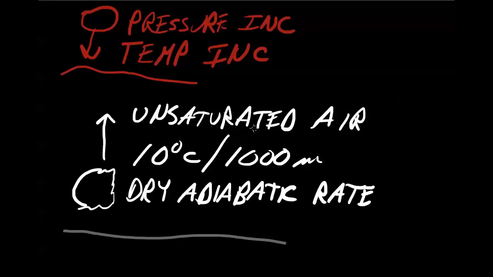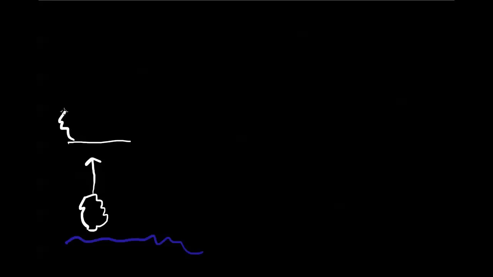Well, the neat thing about this, and we're going to talk about this in terms of clouds, let's get our surface of the Earth here. And again, let's take a parcel of air. As it rises, the air cools, at a rate of 10 degrees per 1,000 meters. But it's going to get to the point where we get some clouds being formed.